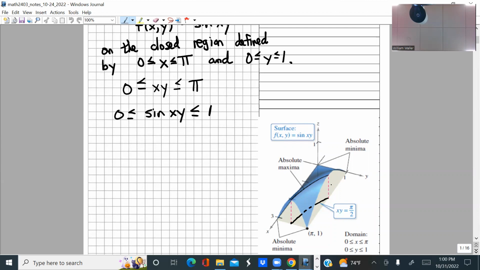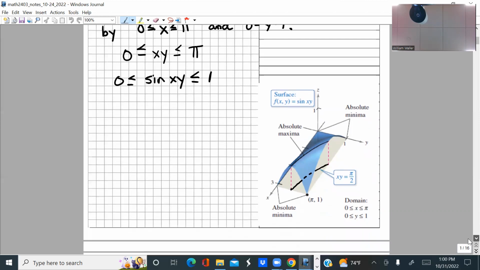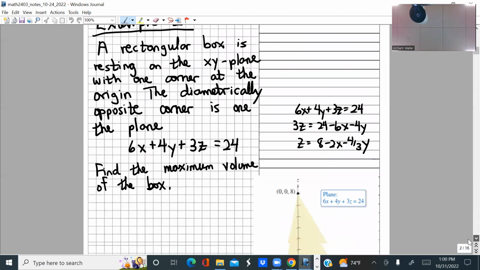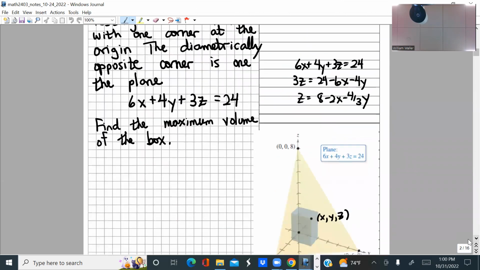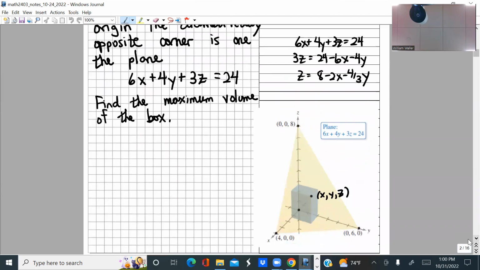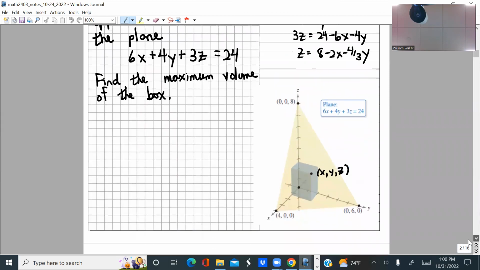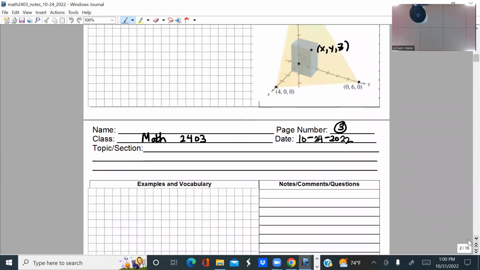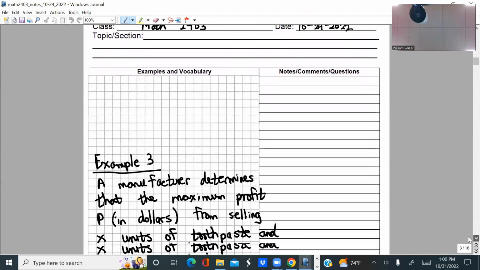We want to find where the maxima and the minima are on this surface, but we'll look at that next time. Then I want to show you an applied problem, a geometric word problem, for an absolute maximum. But since we've done so many extreme examples today, let's save those for after the test, because we'll have to review this after the test anyway, since we'll have forgotten about it by then.